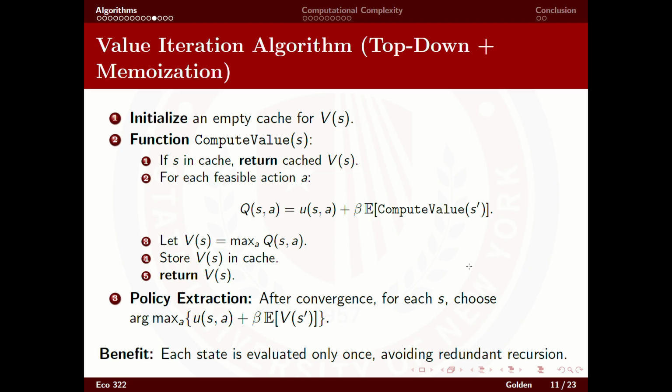So the value iteration algorithm, top-down plus memoization. You initialize an empty cache for V of S. You compute value of S. If S is in the cache, return the cached V of S. For each feasible action A, you do Q of S,A equals U plus beta times compute value of S prime, and then the value function is equal to the max of Q of S,A, and then after convergence for each node, choose the argmax.